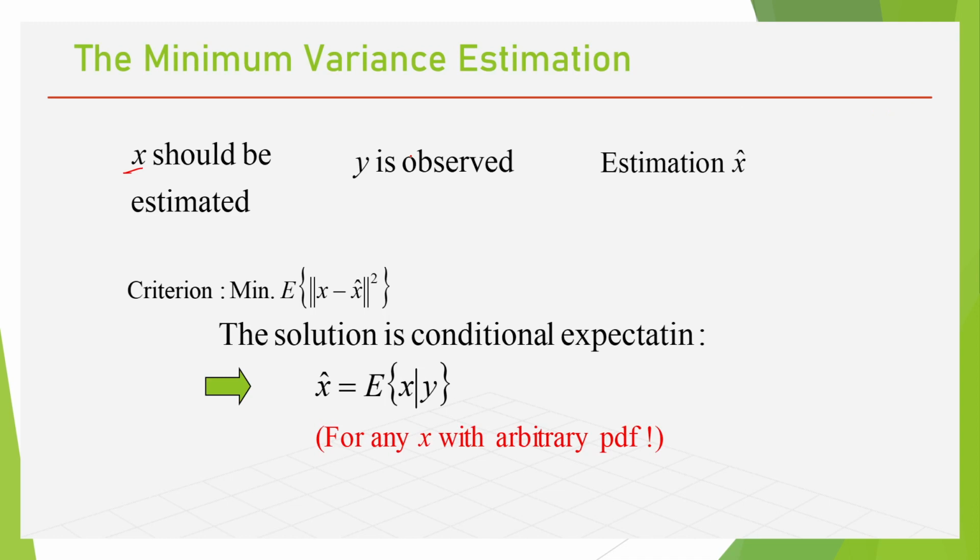So H, the true state that describes the dynamic behavior, should be estimated, and Y is observed. Y can be measured.